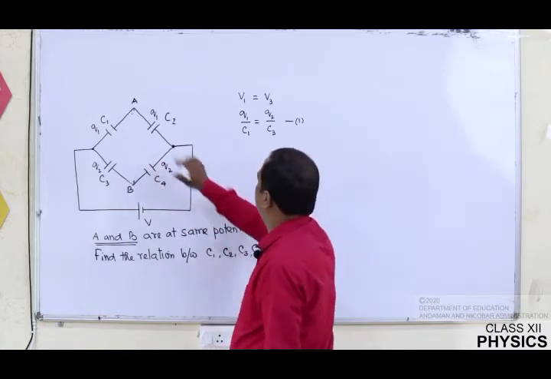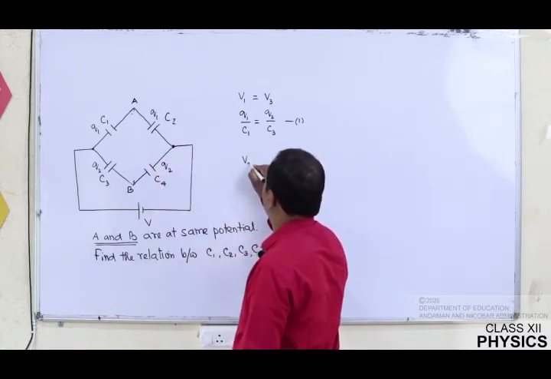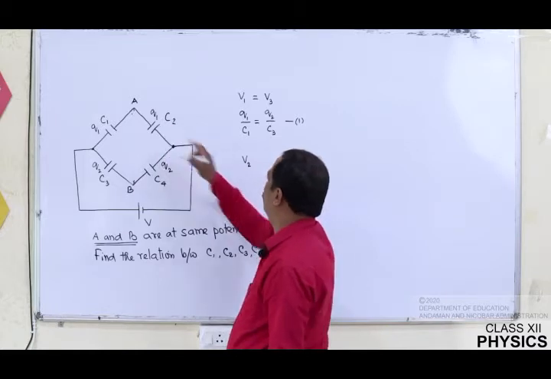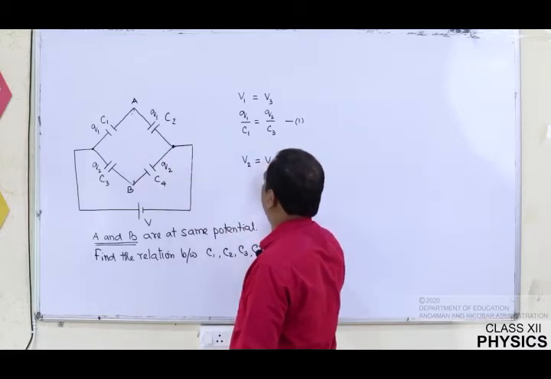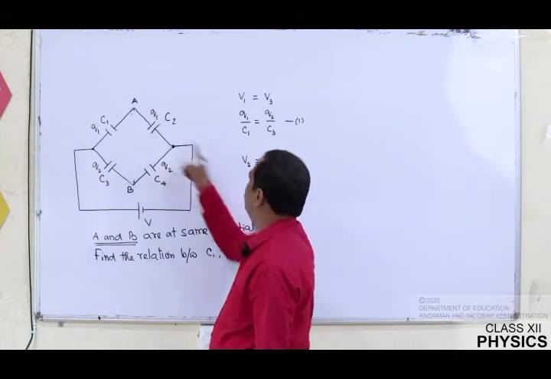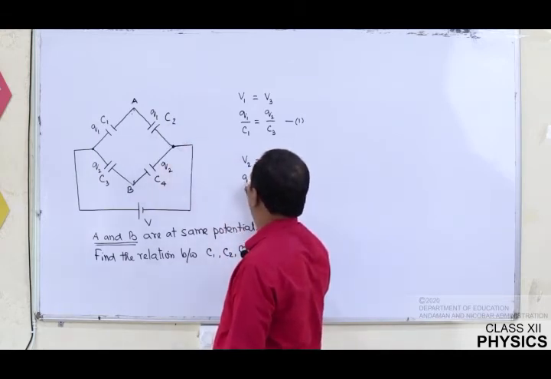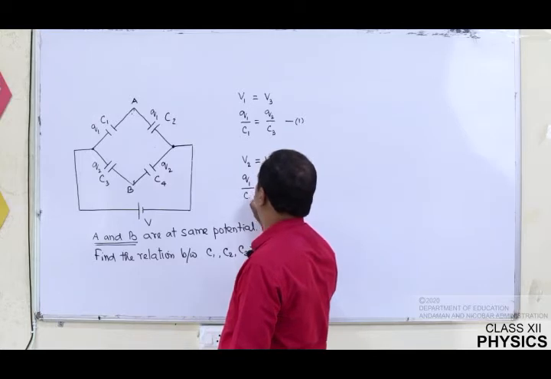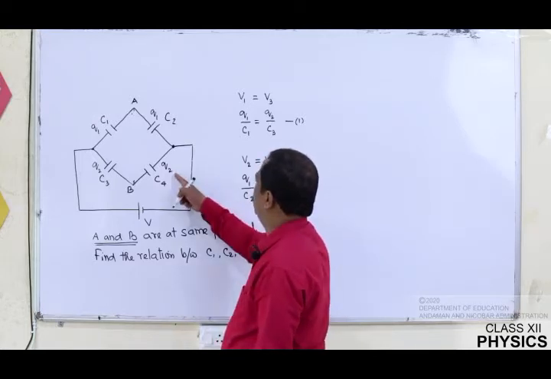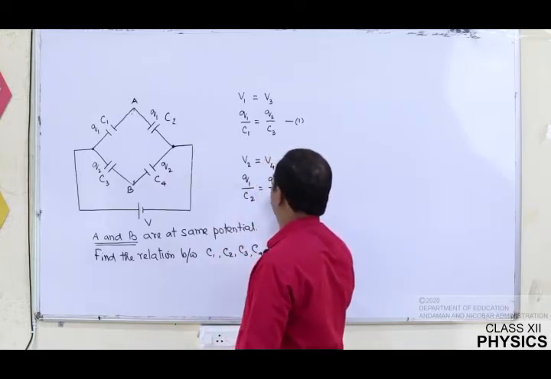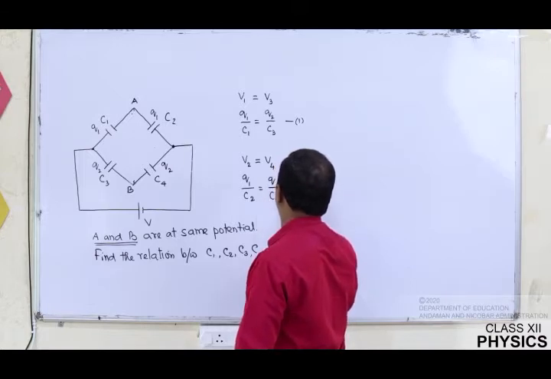What I mean is, see, V2, potential difference across capacitor C2 is equal to potential difference across capacitor C4. Now I know the relation between these three. So this becomes Q1 upon C2 is equal to Q2 upon C4. Let me say this is equation 2.